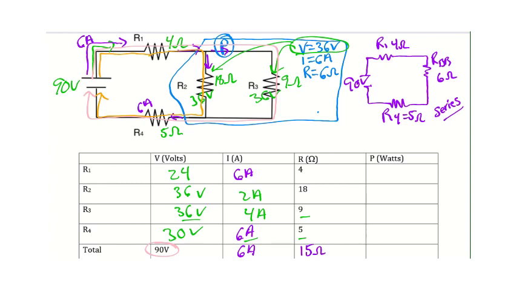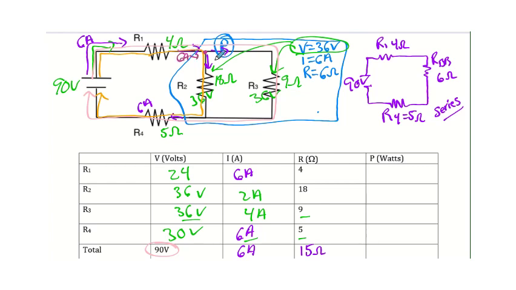You can see that our current still adds. If you look at that junction by the P, we had 6 amps coming into the junction.